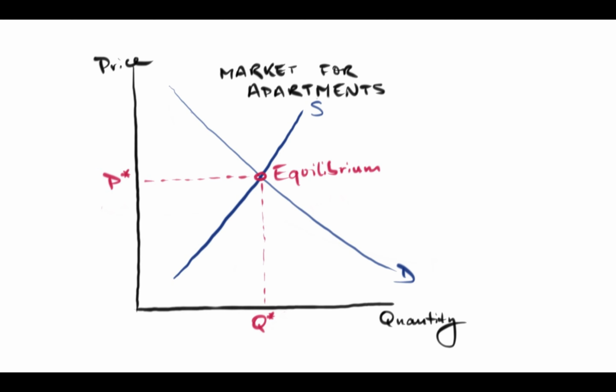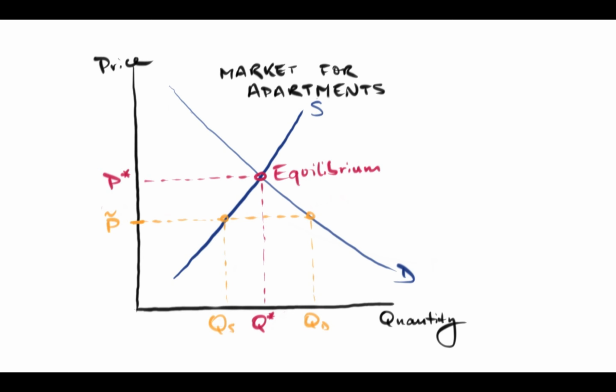Then imagine the government passes a regulation that the price of an apartment may be no higher than, I'm going to call it P tilde, with a little wavy tilde on top of it. So that old equilibrium price of P star is no longer acceptable. The price must be reduced to P tilde.